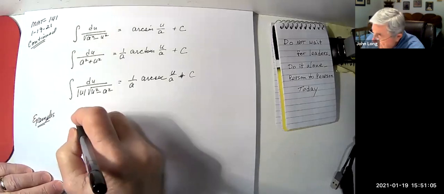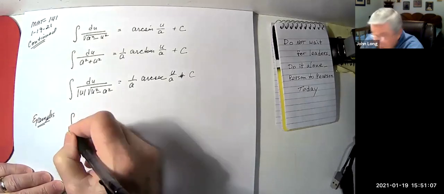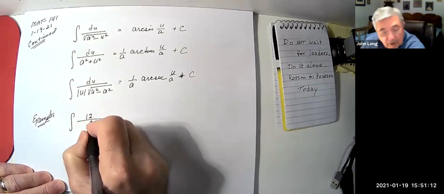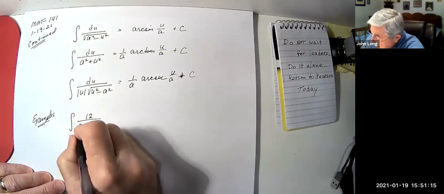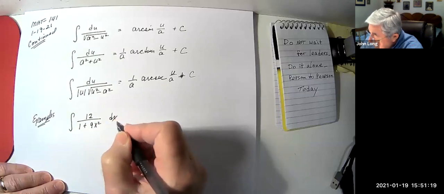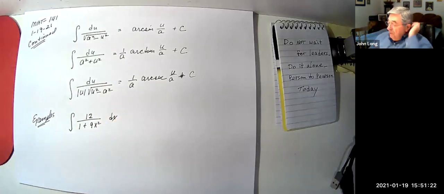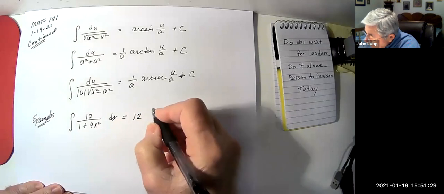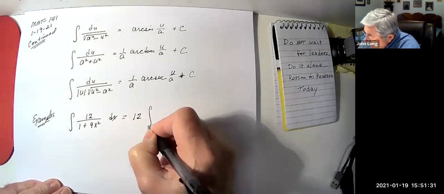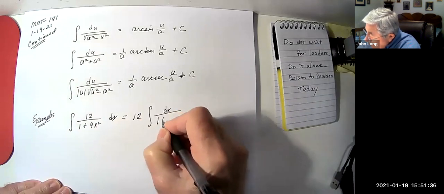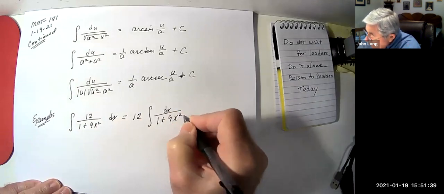And so the first few problems, just to illustrate some of the properties that we do use, if we have 12 divided by 1 plus 9x squared. Some of the observations we make in terms of using this. First of all, the 12 can come right out in front of the problem, and we have dx over 1 plus 9x squared.